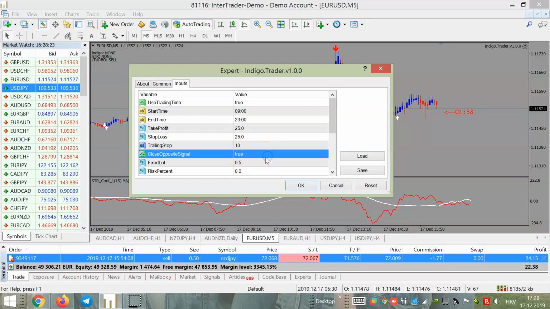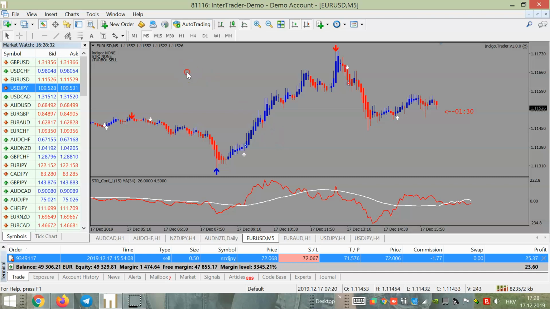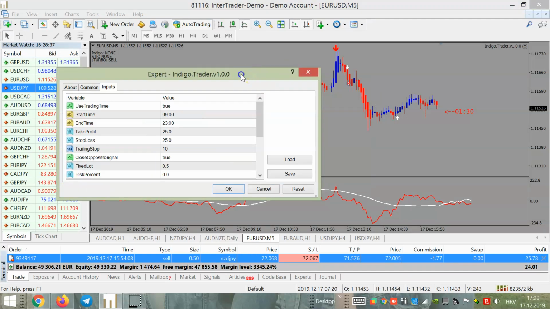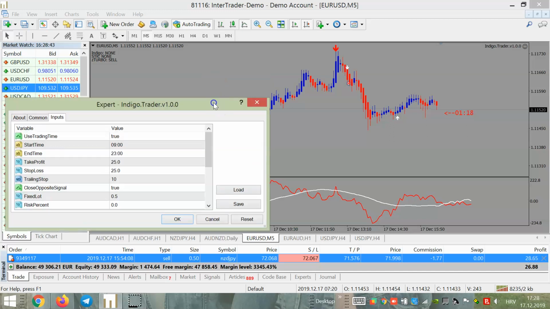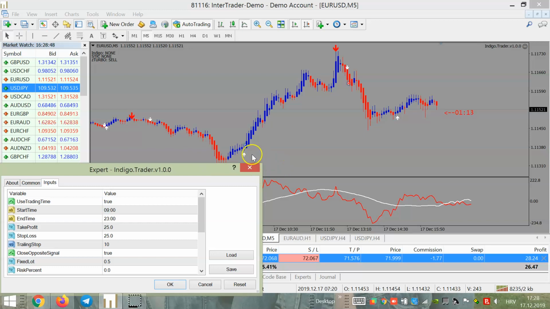And look at this, close opposite signal. What does it mean? Close opposite signal. That means if you set it to true, then the Indigo Trader will close the trade when we get the opposite arrow.